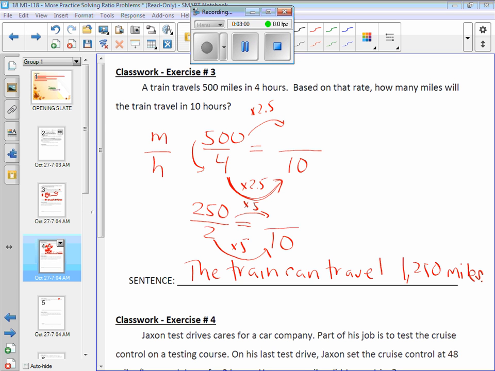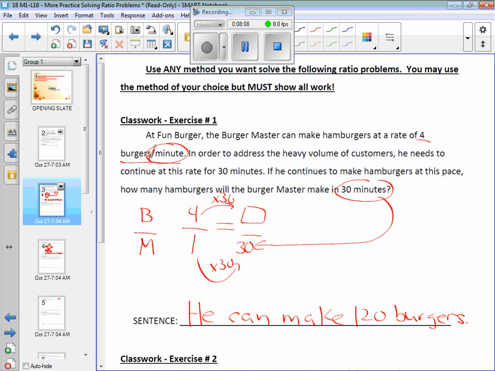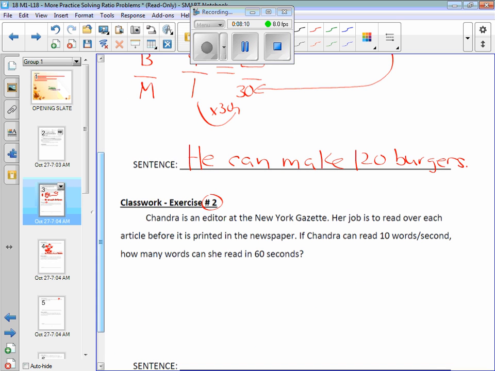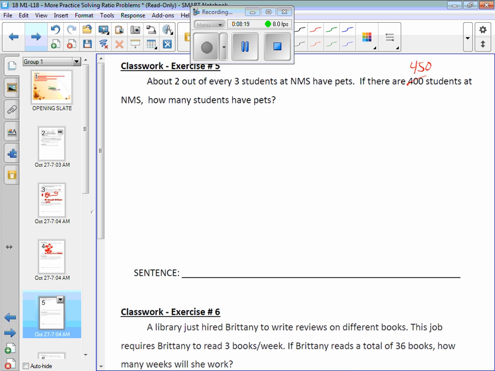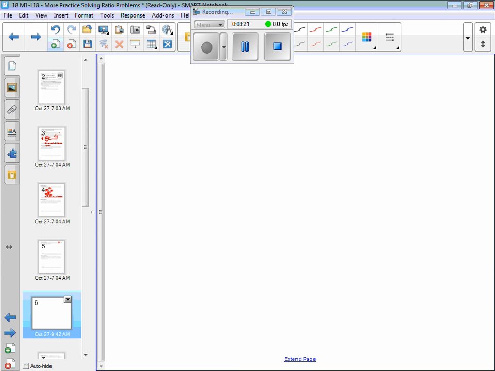Okay, so here's what you guys are going to do in your groups. We skipped number 2, and I want you to go back and do it. Everybody's going to do number 2, including my advanced. Then, I'll put it over here.